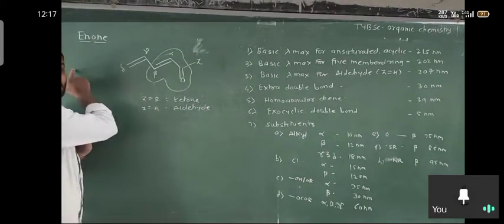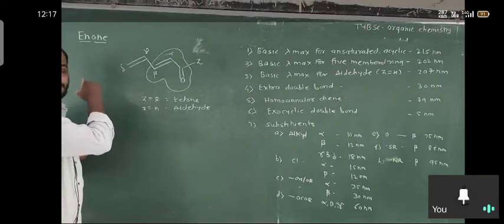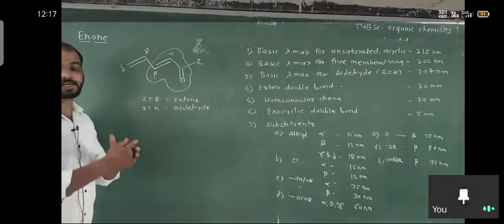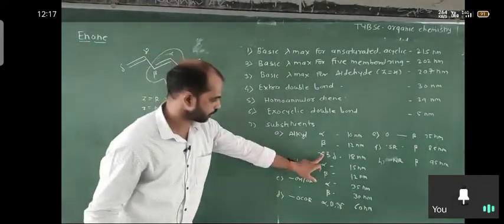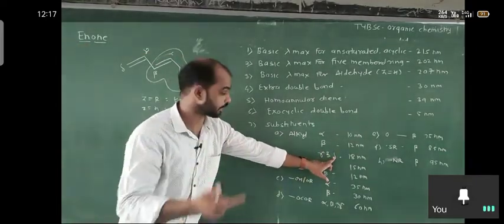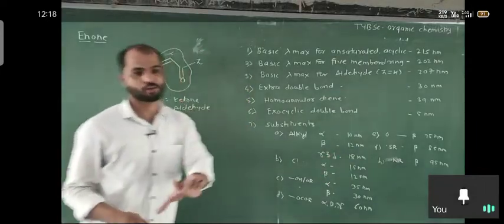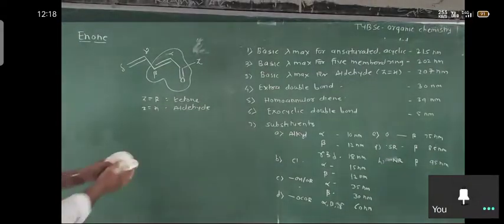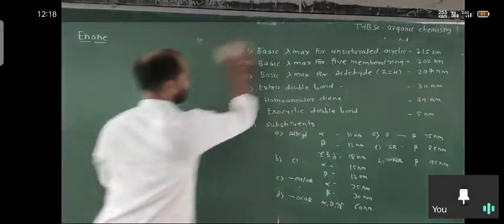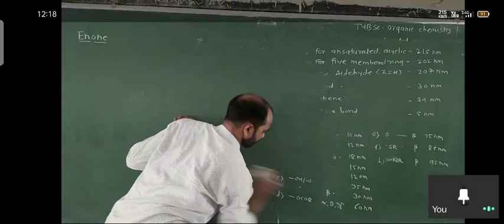If it is delta, whatever alkyl substituent there is, take the delta value. Delta and higher than delta. So here gamma, delta or higher than delta, take 18 nanometer value for the alkyl substituent. Okay. So we are going to discuss one by one to solve the problems and calculate the lambda max.